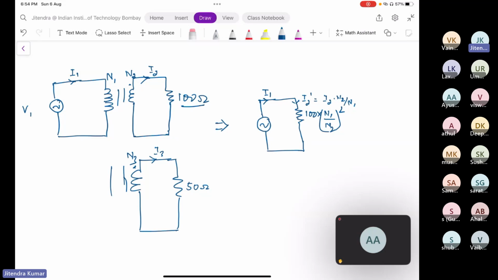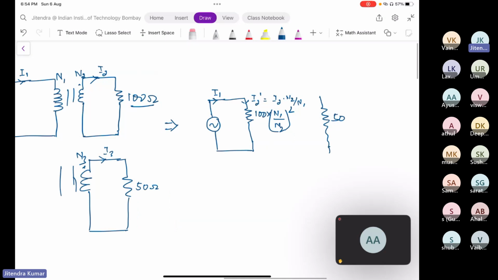Now the thing is how to refer the 50 ohm. The 50 ohm will be referred to the primary side, so 50 into N1 by N3 squared, and whatever I3 flows here will be I3 into N3 by N1.